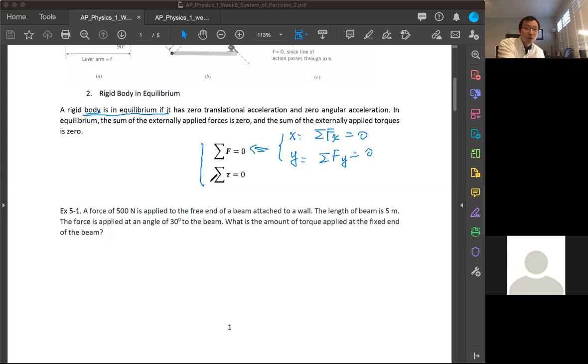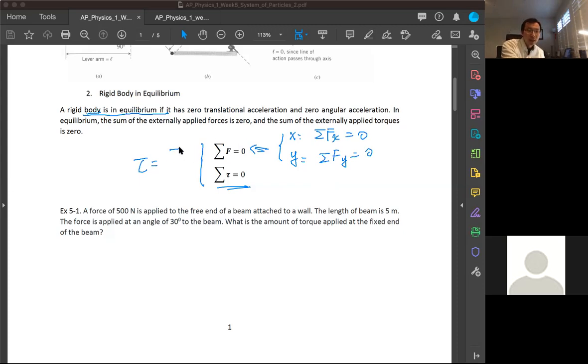And the third one we need to consider: since they are in equilibrium, stopped or moving at constant velocity, the net torque has to be 0 as well. Otherwise, they will actually generate angular acceleration, right? We'll discuss it later, but the torque is actually the reason that can accelerate the rotation.